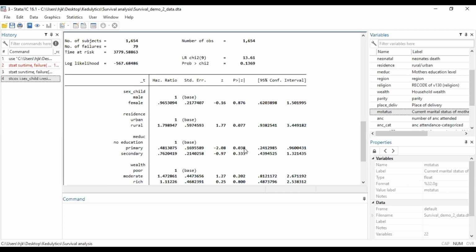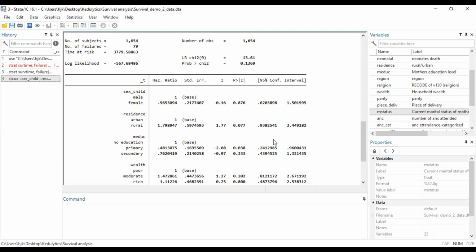And this is statistically significant at the p-value of 0.038. So we can say there's about 52% reduced hazard of death among those with primary education compared to those without education. Generally, this is how we can interpret that.